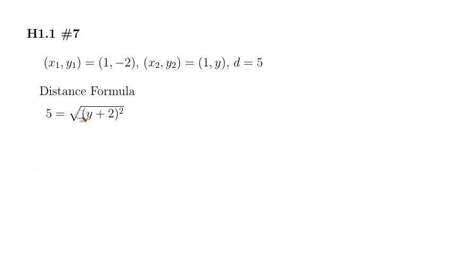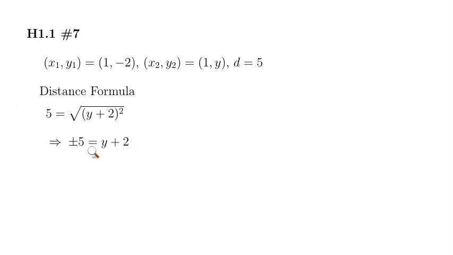So here's the tricky part. When you apply the square root and get rid of the squared, we have to consider the positive version and the negative version. So you get plus or minus 5 is equal to y plus 2.